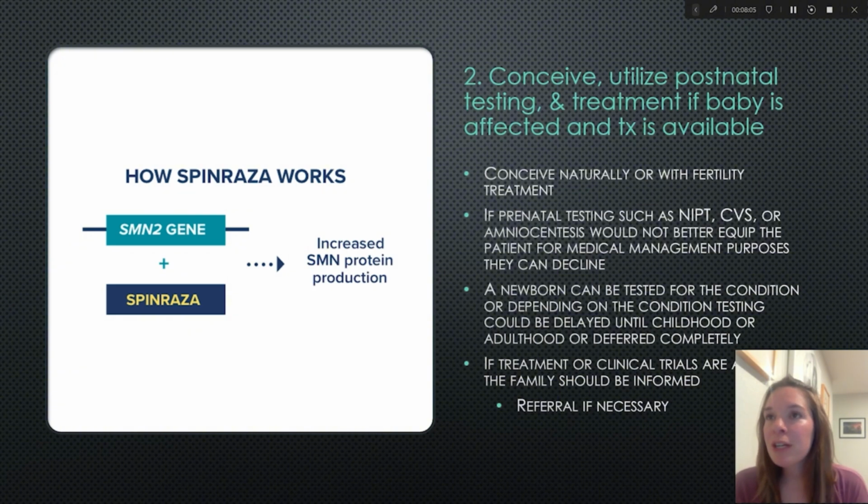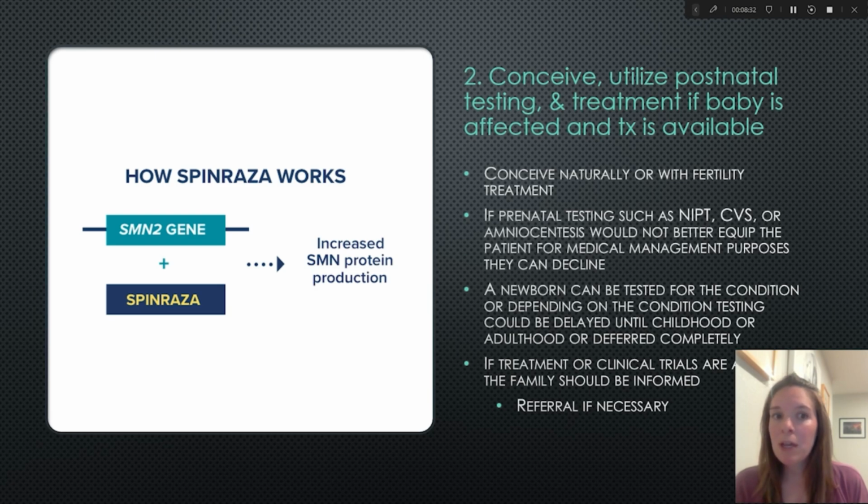As carrier screening continues to expand to include milder and milder conditions, things like non-syndromic hearing loss, non-classic congenital adrenal hyperplasia, I think it is very important to be aware of this option that was not in your textbook, to conceive and utilize postnatal testing and consider treatment if necessary and available, because not everyone is going to fall into those other three options.